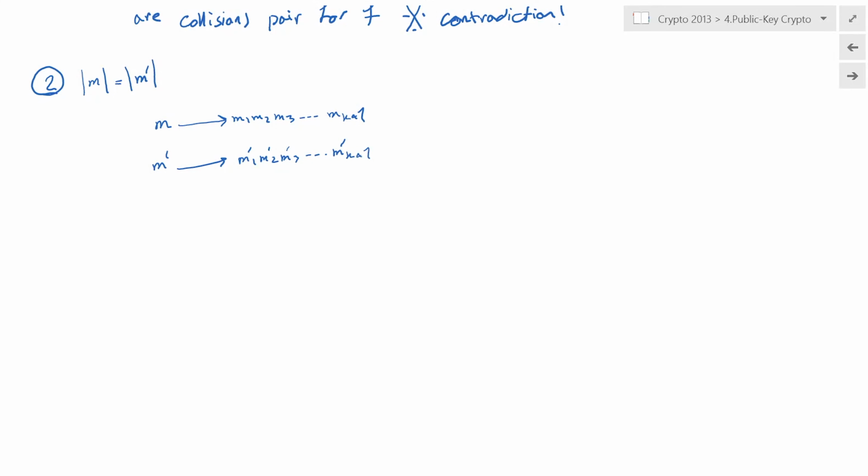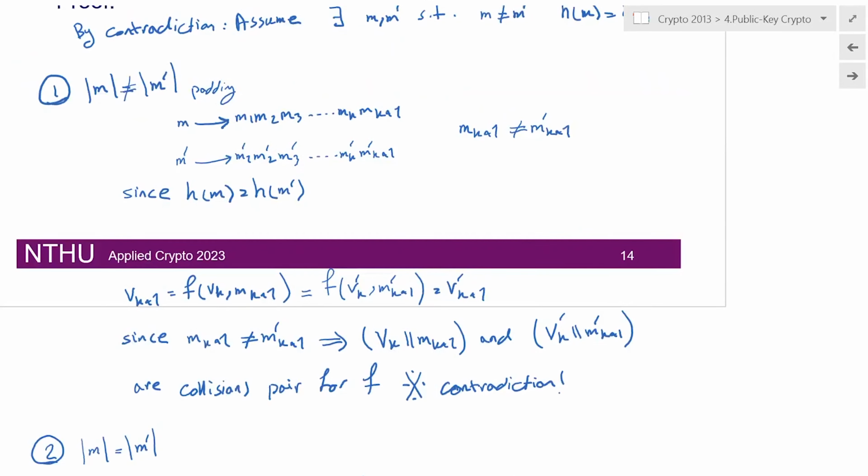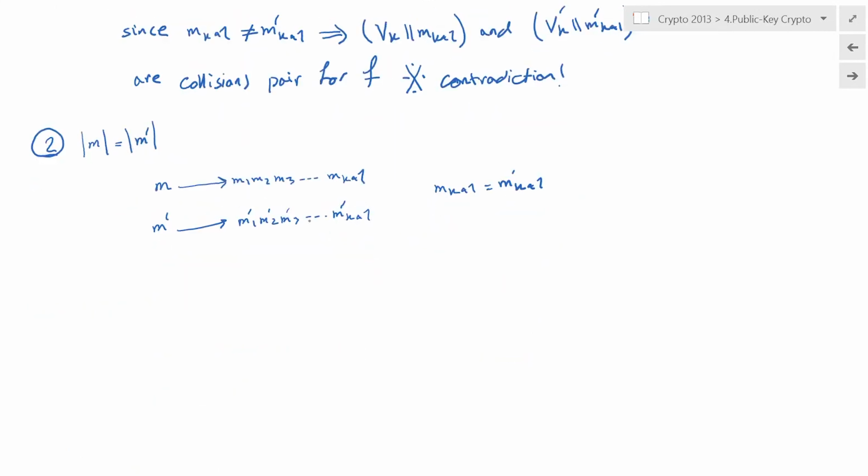Since the lengths are the same, and on the last block we insert the length of m, we know that now m k plus 1 is for sure equal to m prime k plus 1. Unlike the other case, where we knew for sure that they were different because the lengths were not the same, regardless of the previous block values, we know that the last two blocks must be the same.